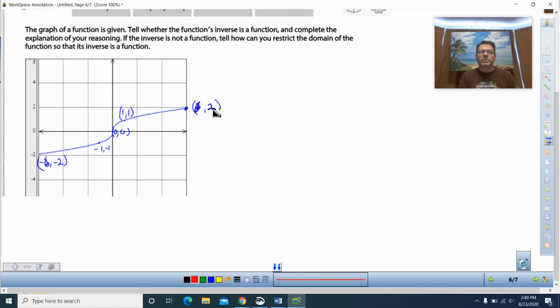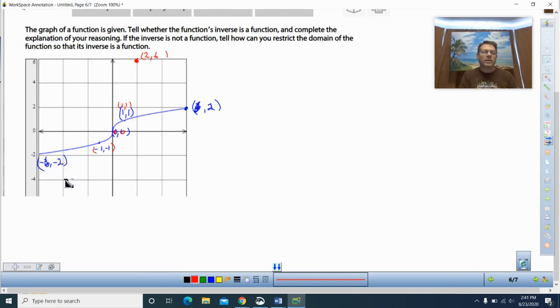So my inverse is going to be 2, 6 goes over 2 up 6. That's going to be that guy up there, isn't it? Okay, so that is 2, 6. What happens when I reverse 1, 1? Well, that's just the same thing, isn't it? 0, 0, still got 0, 0, don't I? What about -1, -1? Well, that's still just -1, -1. But this guy here is going to switch, isn't it?